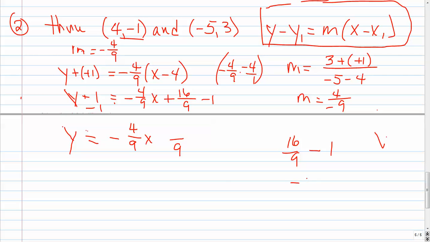We're going to say negative 9 plus 16, and that is equal to a positive 7. So my numerator is going to be 7 over 9. So the final answer is y equals negative 4/9 x plus 7/9. So this is using the point-slope form to write an equation of a line.